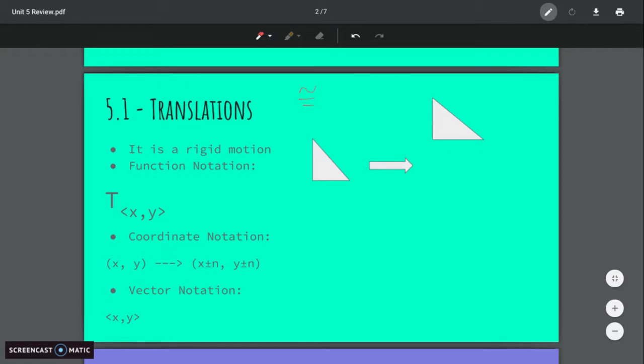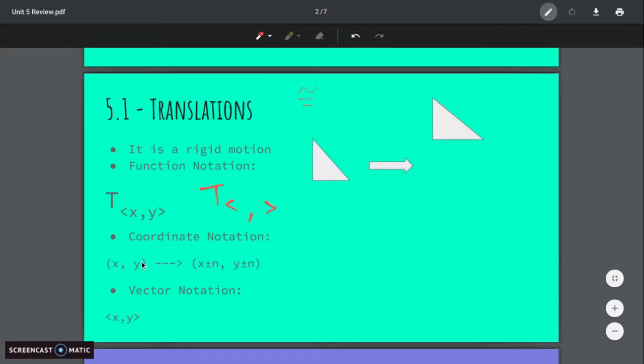Function notation. Okay, well, there are different notations that you'll have to know. Function notation is when you have the letter T for transformation, and then you have what you're changing it by. Coordinate notation is X, Y, arrow, and then X plus N. Actually, sorry, that's not correct.